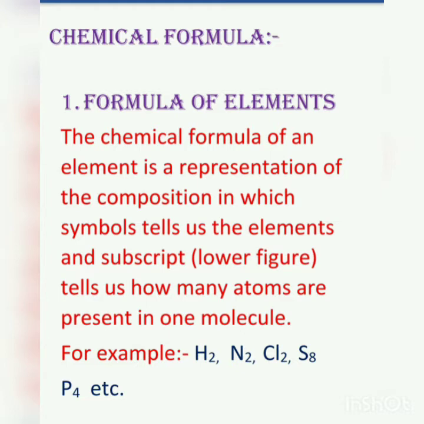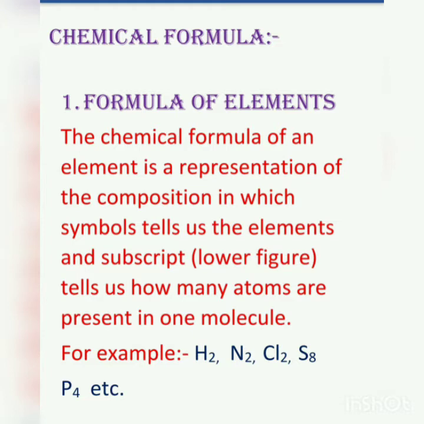Here H represents that the element is hydrogen, and the subscript 2 represents that 2 atoms of hydrogen are present. In the same way, I have given you examples of nitrogen, chlorine, and sulfur. In sulfur also, S represents the element sulfur, and 8 represents that 8 atoms of sulfur are present in one molecule of sulfur.